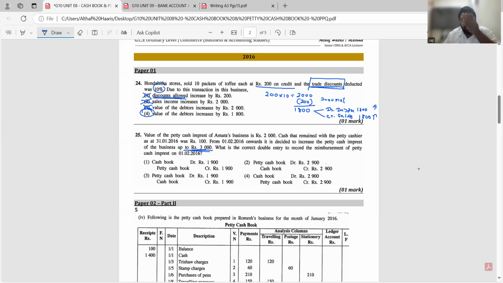What is the correct double entry to record the reimbursement of petty cash imprest on 1st February 2016? Cool. So previously we had a petty cash imprest of 2000. The cash remaining with the petty cashier at the end of January is 100.